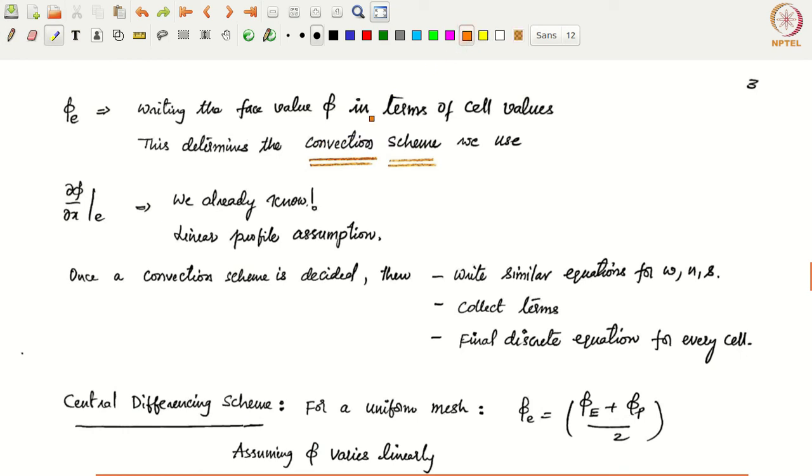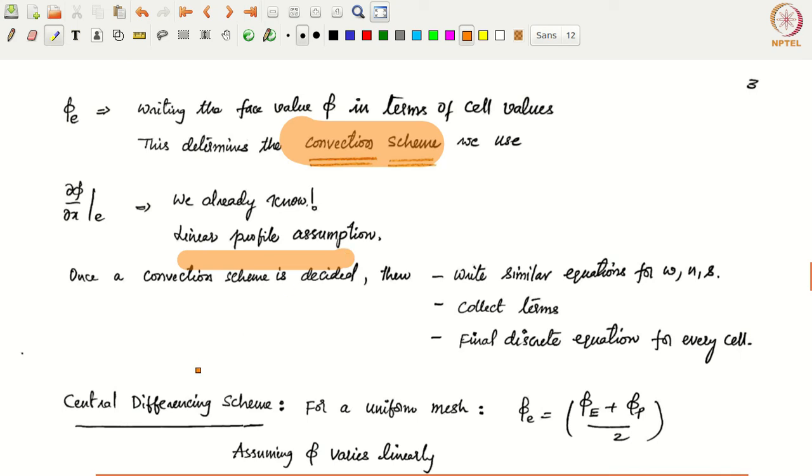The convection scheme we would use is based on how the face phi value is written in terms of the cell values. But for the face gradient, partial phi partial x, we have already introduced a model, that is the linear profile assumption. What kind of scheme can we call the linear profile assumption? Maybe you have to think and come back.